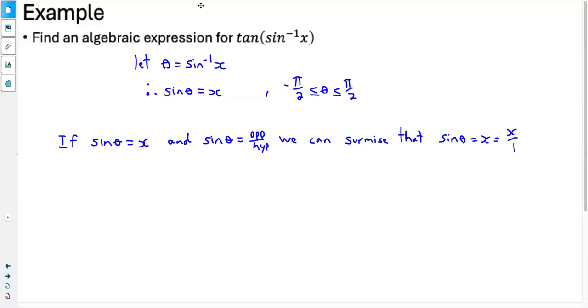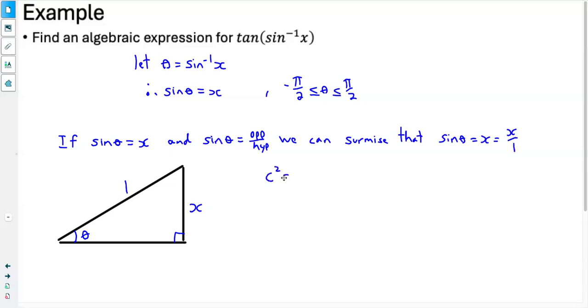And now we're going to use this to draw out a triangle. So if this is our angle theta, we know this is 1, this is x. We can use basic trig or Pythagoras to get this side here.